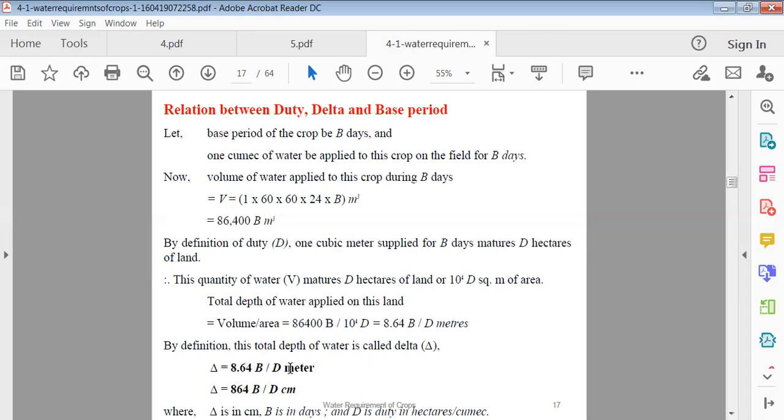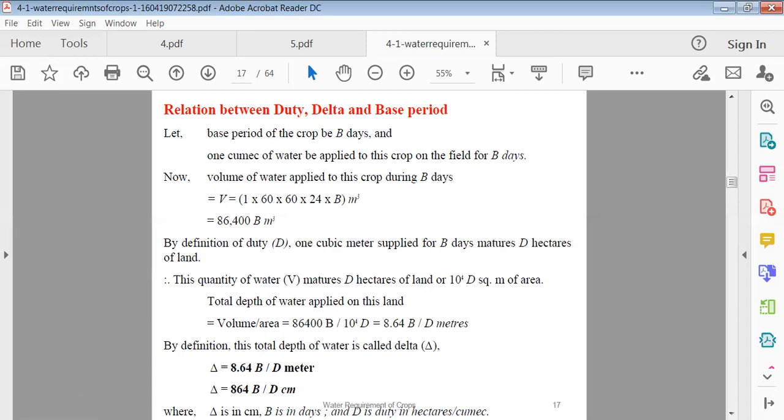Okay, so by definition, the total depth of water is called delta. So delta is equal to 8.64 B divided by D, that is volume by area. It can also be calculated as delta is equal to 864 B divided by D, which will be in centimeter.